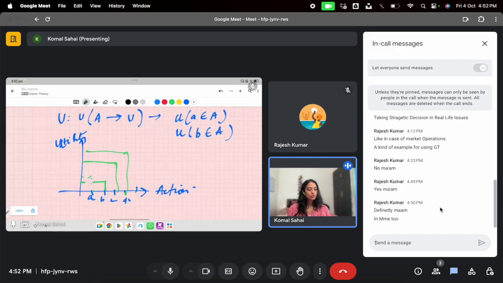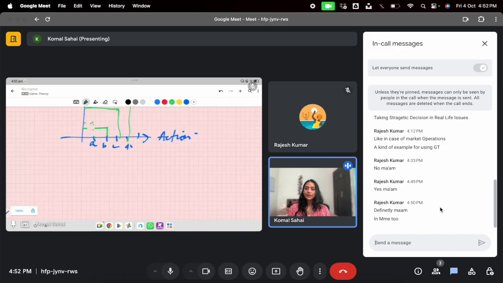ठीक है ना? So if we have a utility function, now we will not deal with a particular functional form. उस झंझट में हमें नहीं पढ़ना है. We will just say that U represents the utility of an individual.